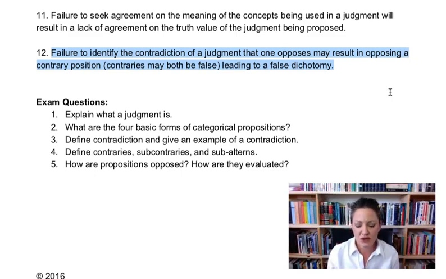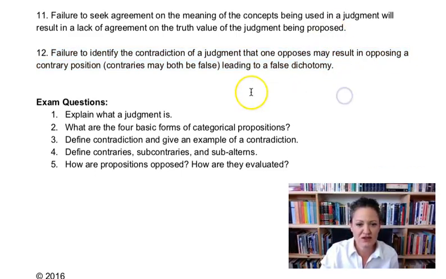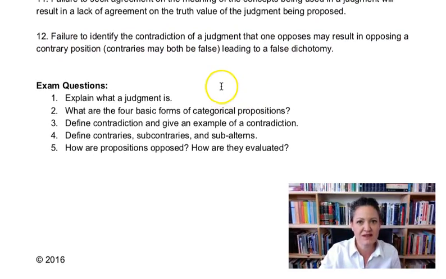Okay? So we want to answer these questions now. At the end of this handout, you should be able to explain what a judgment is. You should know what the 4 basic forms of categorical propositions are, A, E, I, and O, and what they look like. You should be able to define contradiction and give an example of a contradiction. So I use the example, all apples are red, and its contradiction, some apples are not red.